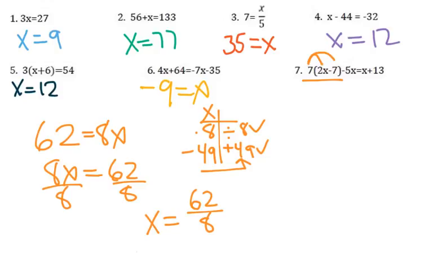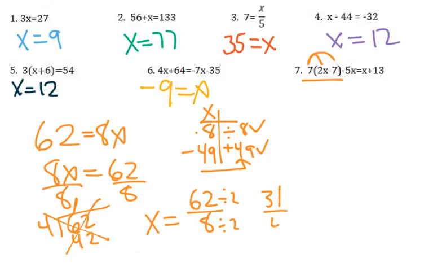Let's see. 4 would go into 62, right? Goes once, 4, 2, oh, no, 4 doesn't go into 42. Scratch that one. So divided by 2, we'd have 31 over 4, which is 7 3/4, or 7.75.